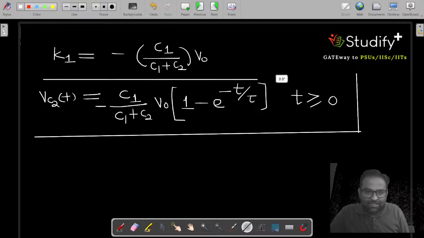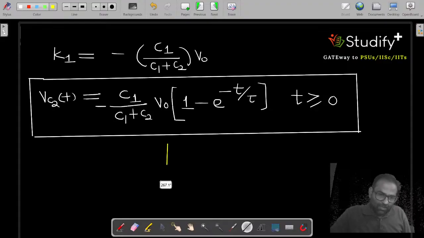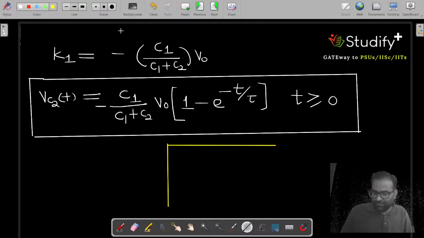You can answer the circuit for it. So you can say, what is the nature of voltage across V2? The nature of voltage across V2 is given by this value.